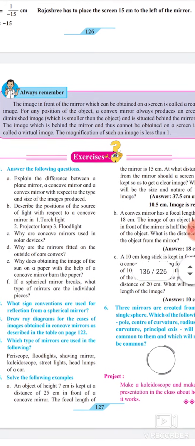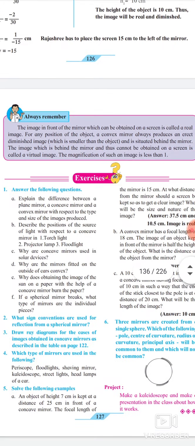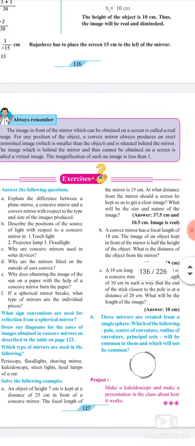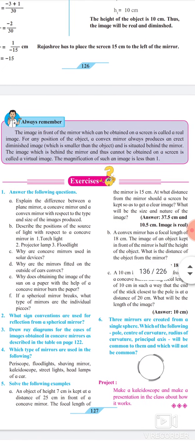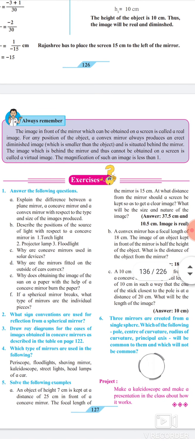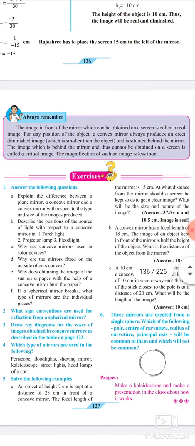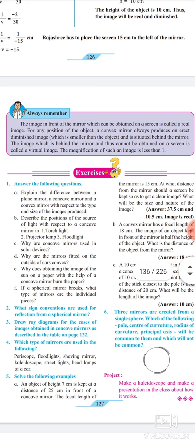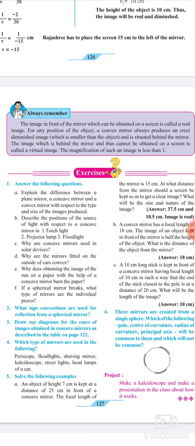Now the last point we'll see. See children, the image in front of the mirror which can be obtained on a screen is called a real image. Whatever image is formed in front of the mirror is called the real image. And for any position of the object, if we are using a convex mirror, it produces an erect, diminished image, and it is always behind the mirror.